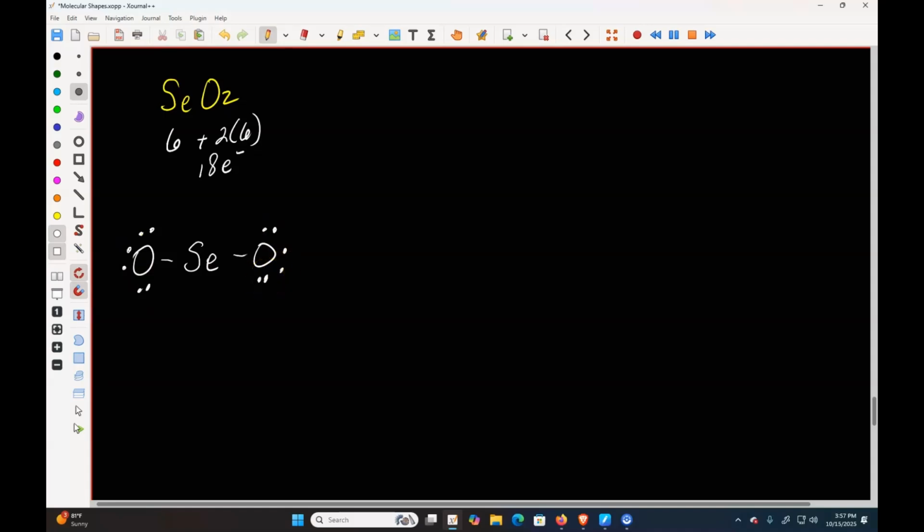All right, so 2 to 8 is 16 electrons. 17, 18. I don't have enough electrons to fill selenium. So one of these oxygens is going to have a double bond. It doesn't matter which one you choose. I'm going to choose this one and place a double bond here. So I have an AX2E1. So AX2E1 means it's going to be a bent molecule or angular.